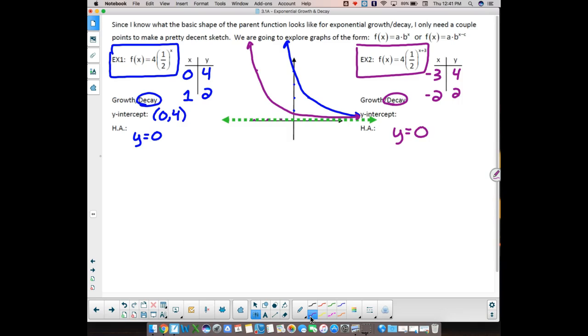Okay, so now let's figure out what f of 0 is to figure out my y-intercept.